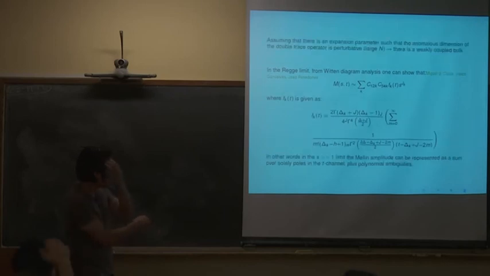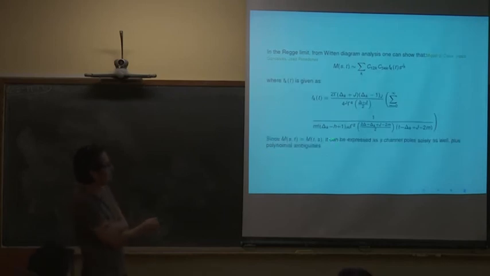Okay, but since this is symmetric, this function can also be represented solely as S-channel exchange. So if the polynomial terms are not important, which is related to when the polynomial terms are important, something I'll discuss at the end of the talk, then this function will have a vanishing large S behavior.